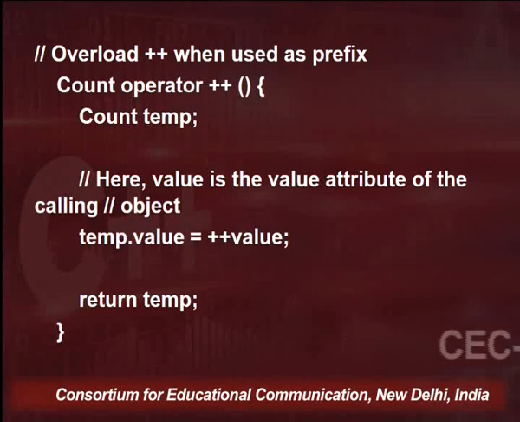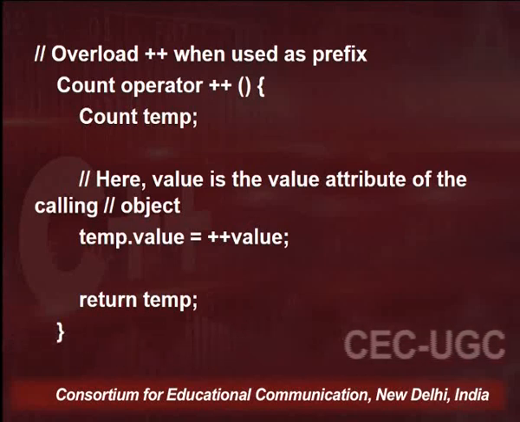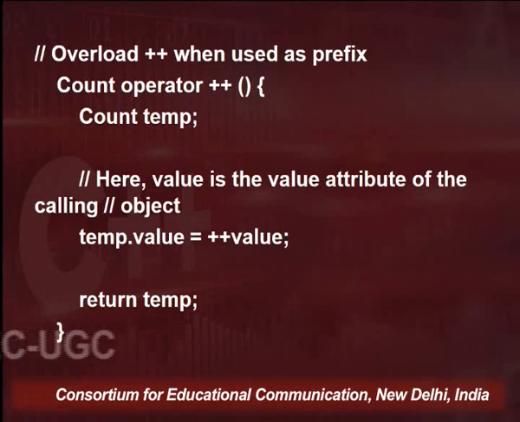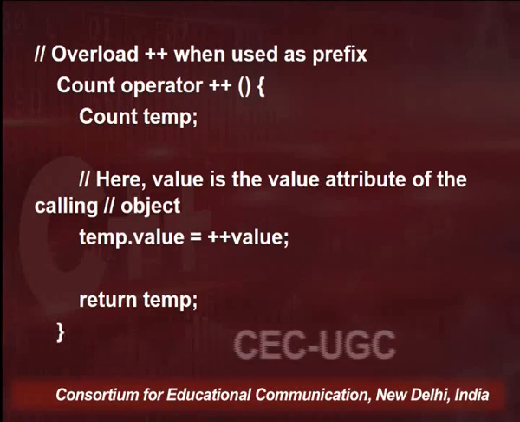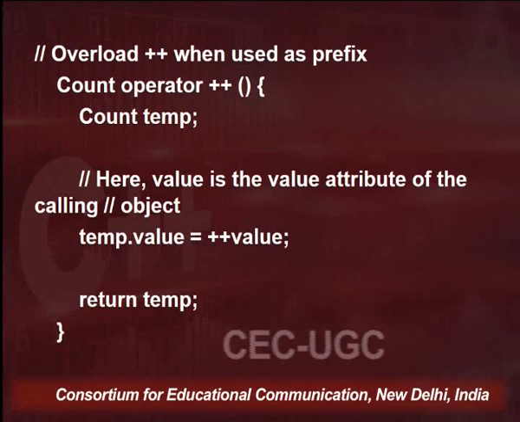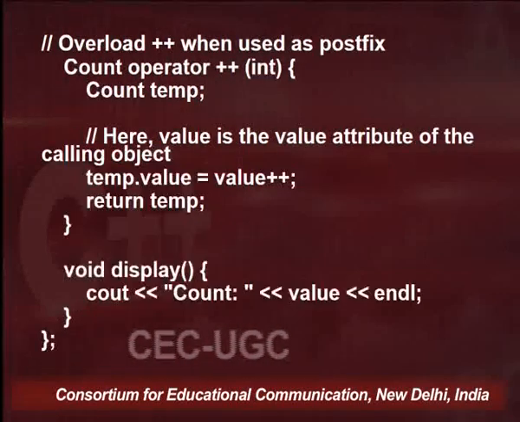So ++value, this incremented value, will be assigned to the value attribute of the object temp, which is an object of class count. For count we have created one temp, and temp.value = ++value. I hope you have understood this piece of code, and as we have seen, we are returning the object of type count, we are returning temp here. So temp is the object of type count.